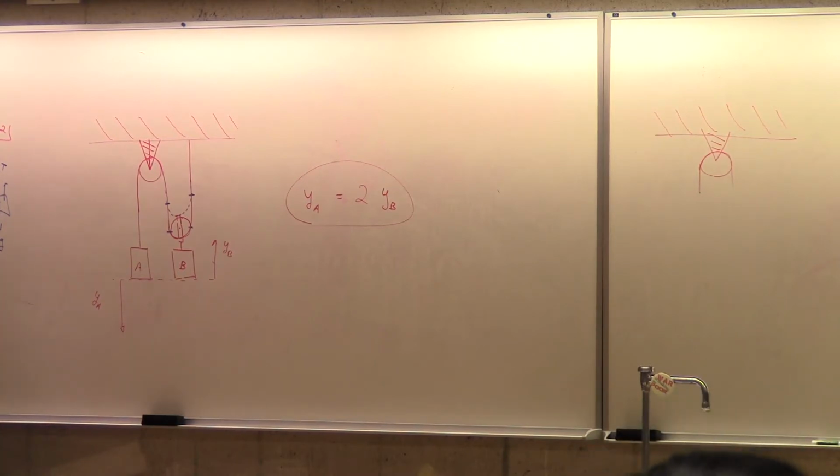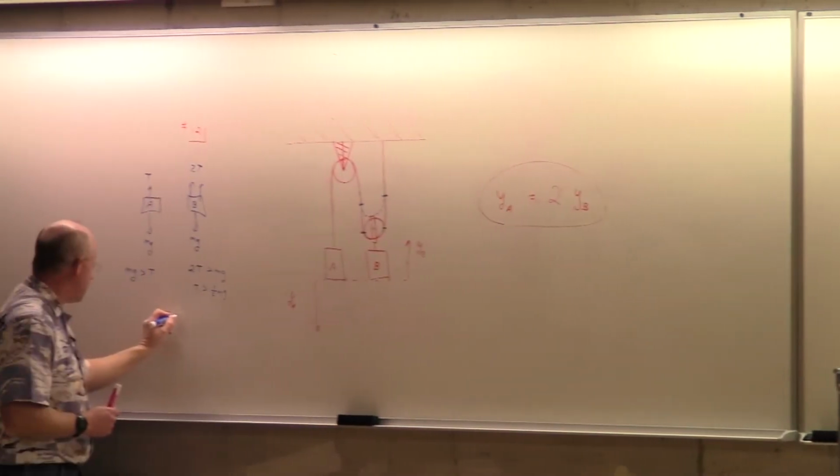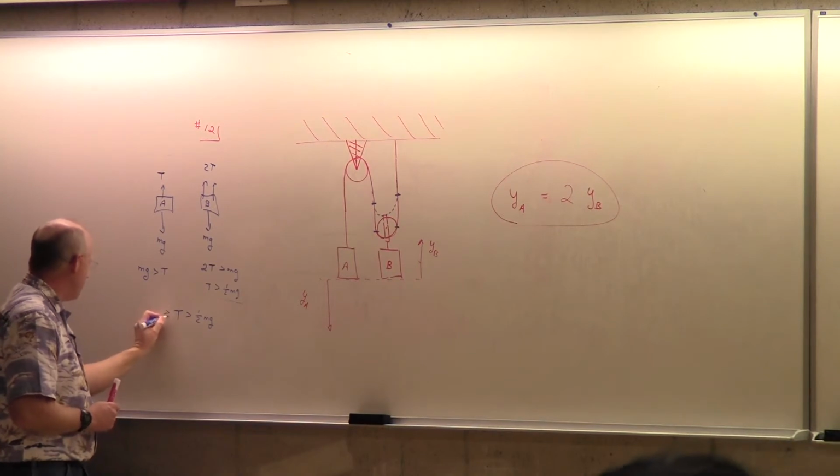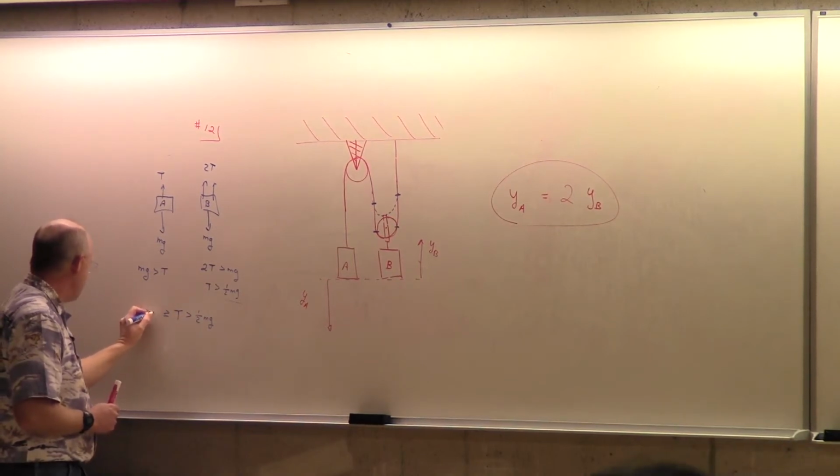But if block B goes up, that tells me that 2T is greater than mg, or T is greater than 1/2 mg. Putting these two together, T is greater than 1/2 mg but less than 1 mg.